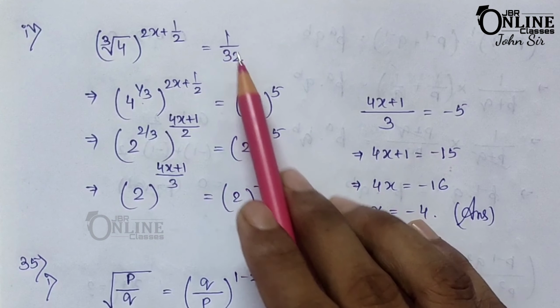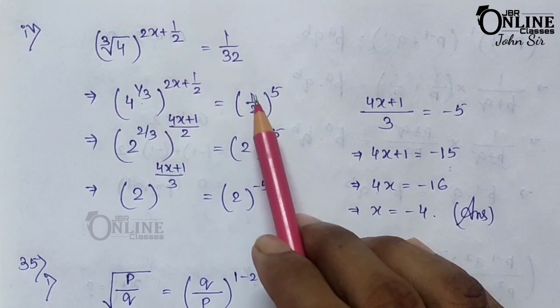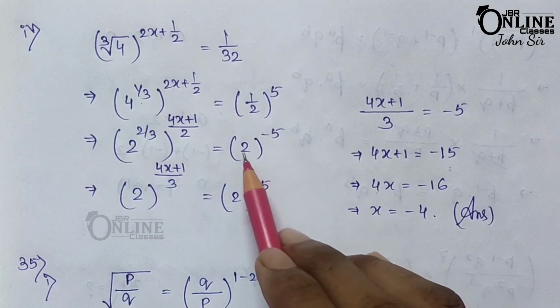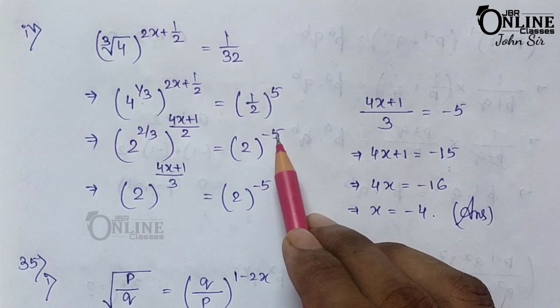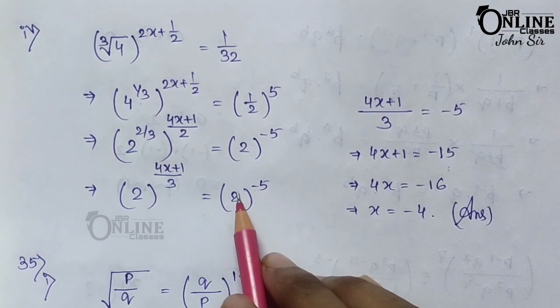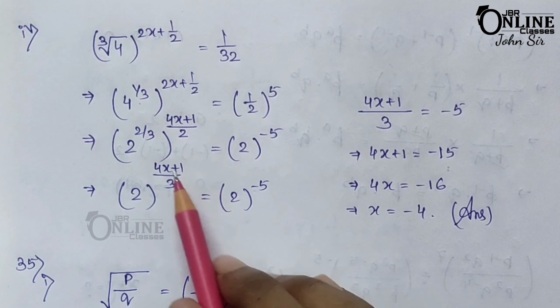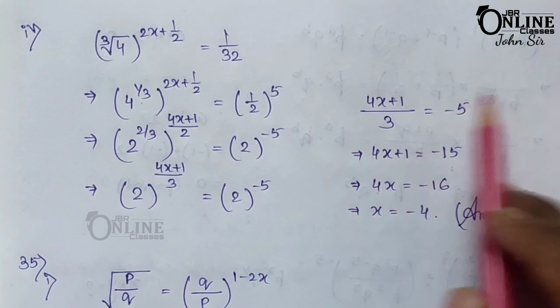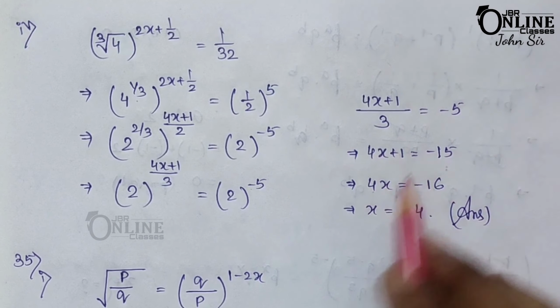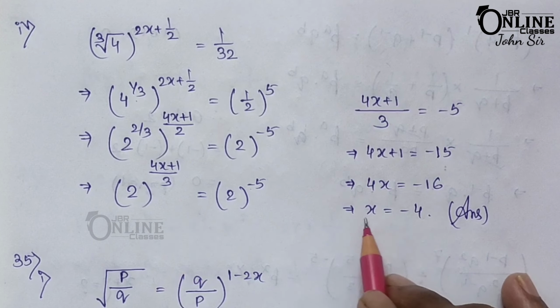Now on the right hand side, 1 by 32 means 1 by 2 whole to the power 5. As here 1 by 2, you can also write 2 to the power minus 5. So here also 2 to the power minus 5. Now by comparing both sides, here 2, that means this one equals this one. So 4x plus 1 by 3 equals minus 5, and from that you will get your answer, that is minus 4.